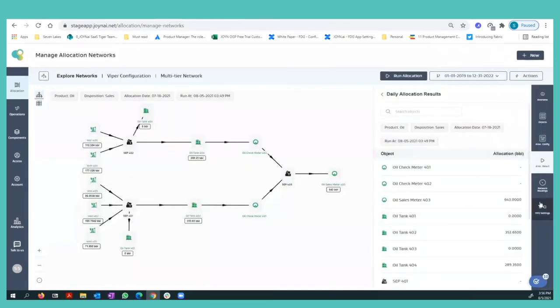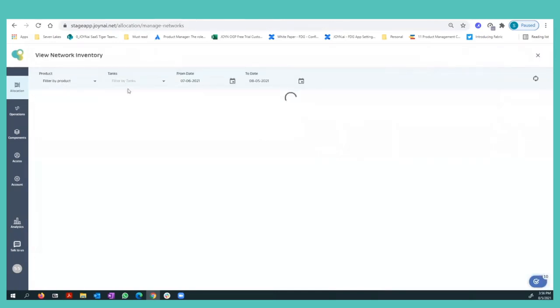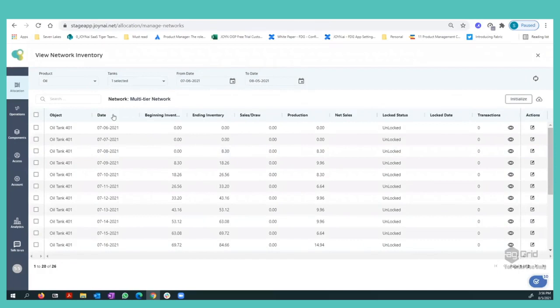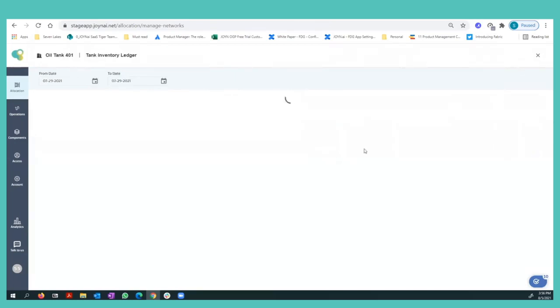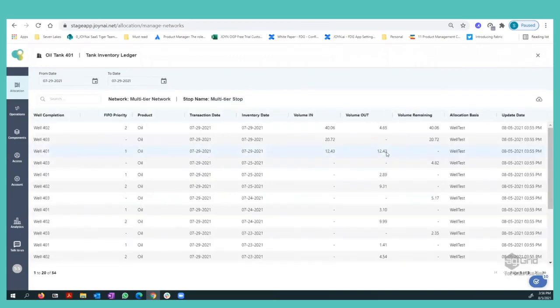Okay, this is complete. So let me go and check the inventory for well 401. I check for the date 29th. Now you would see that inventory belonging to both the wells is actually drawn out first, and the well 403 is going to be drawn out last.